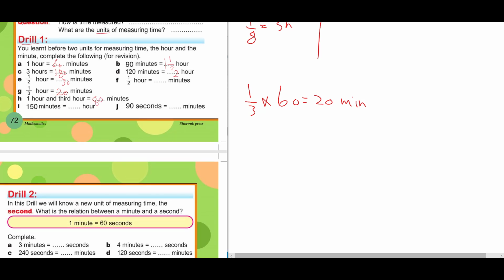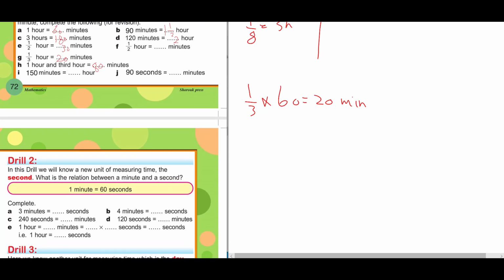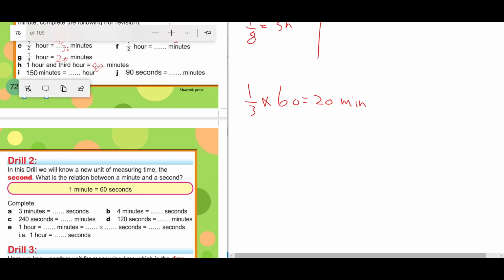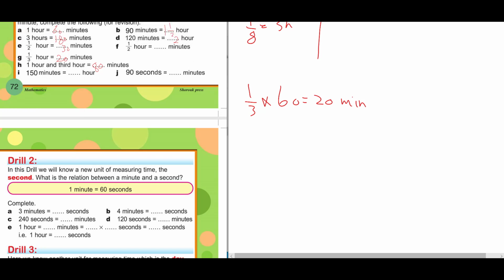Letter I, 150 minutes equals how many hours? To convert from smaller unit to larger unit, you have to divide. Divide by what? Divide by 60.